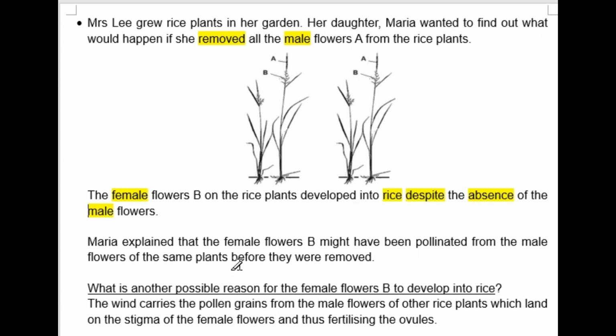Maria explained that the female flowers B might have been pollinated from the male flowers of the same plants before they were removed. What is another possible reason for the female flowers B to develop into rice? The wind carries the pollen grains from the male flowers of other rice plants which land on the stigma of the female flowers and thus fertilize the ovules.